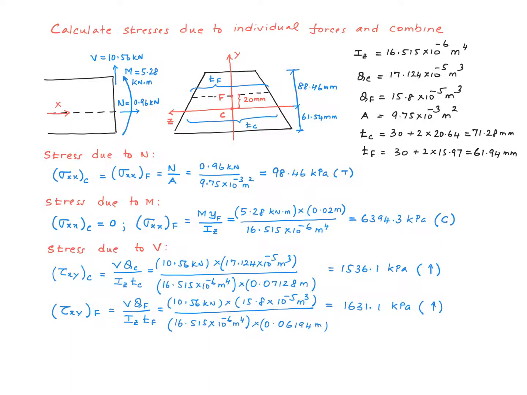Finally, we calculate the stress due to the shear force V. We know that the shear force produces a shear stress, and this is the shear stress on the x-plane in the y direction. So I'll call this tau xy.